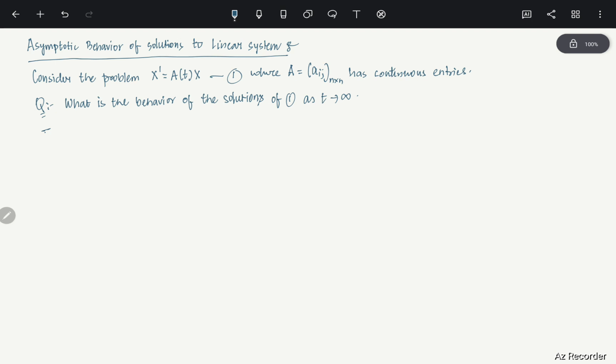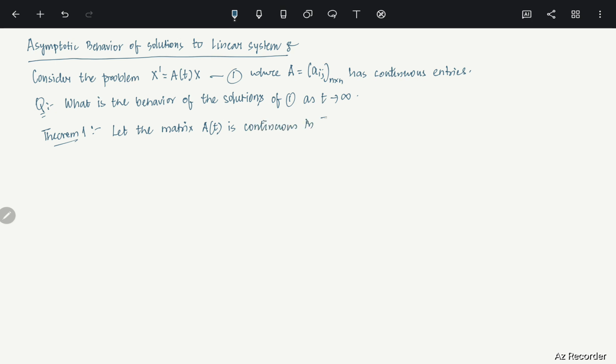First of all, let's look at this theorem. We'll start with this theorem. Theorem 1. Let the matrix A(t) be continuous on [0, infinity). This you have always assumed, but let's just write it.